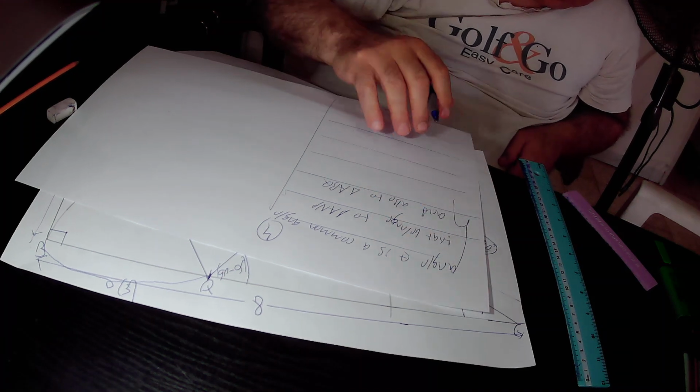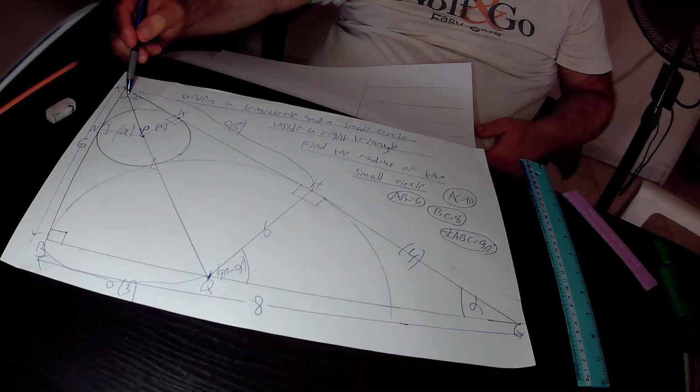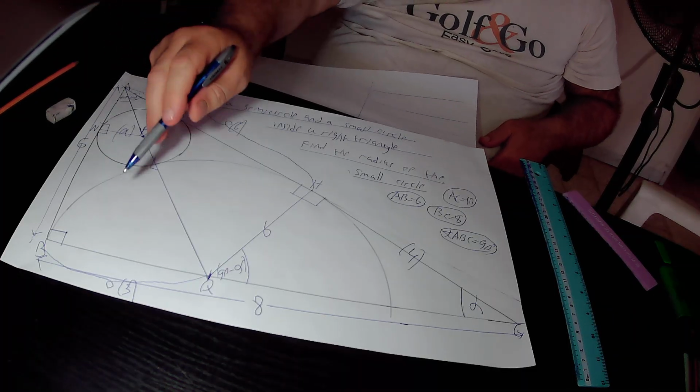Then again, angle theta belongs to the small right triangle AP, and angle theta belongs also to the big right triangle ABQ.